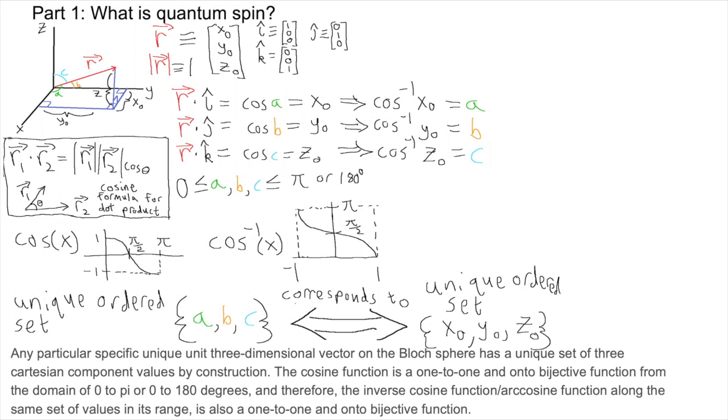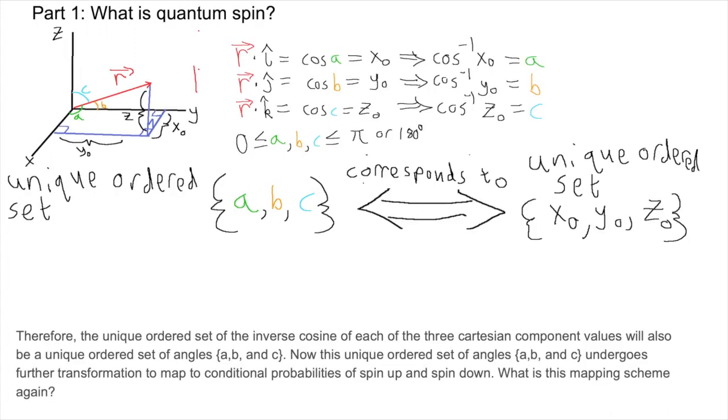The cosine function is a 1-to-1 and onto bijective function from the domain of 0 to pi, or 0 to 180 degrees, and therefore the inverse cosine function, arc cosine, along the same set of values in its range, is also a 1-to-1 and onto bijective function. Therefore, the unique ordered set of the inverse cosine of each of the 3 Cartesian component values will also be a unique ordered set of angles A, B, and C.